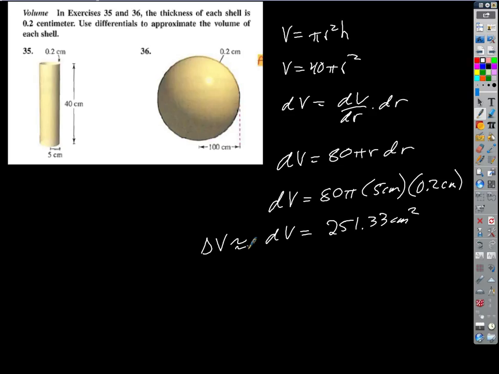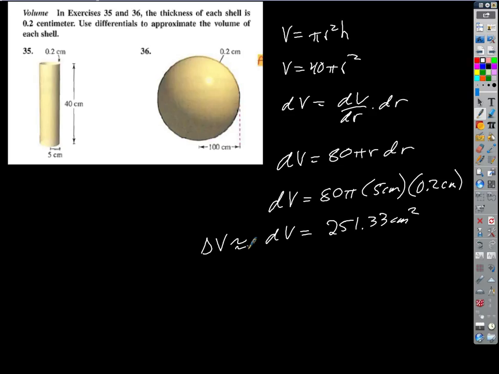All right, we'll continue with that. So this doesn't equal a dr or dV, this is just the relative error. That's saying by what percentage the volume changes when you add the paint.